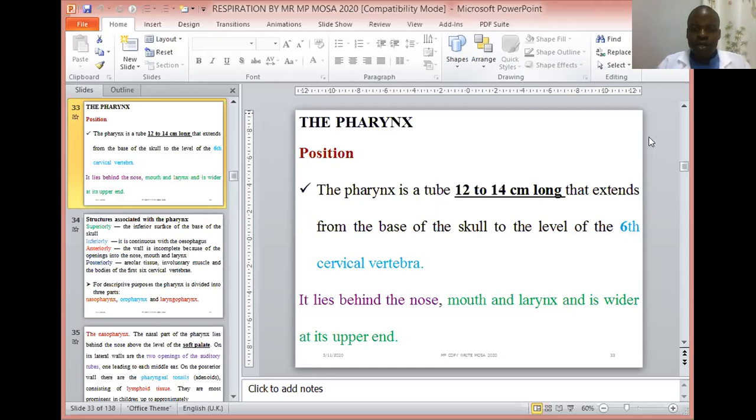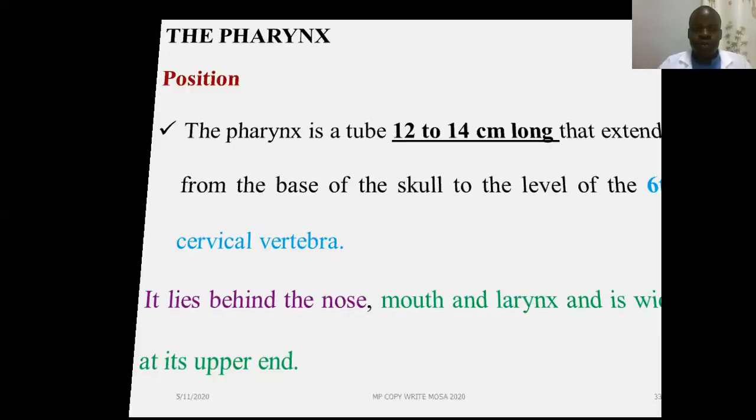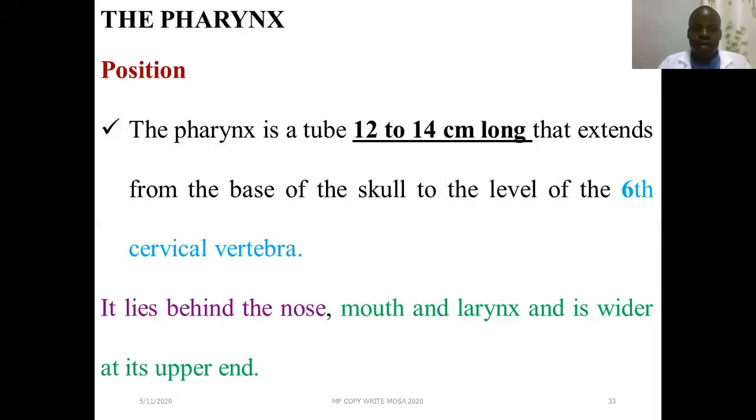It lies behind the nose, mouth, and larynx, and is wider at its upper end. So the pharynx is quite wider at its upper end.